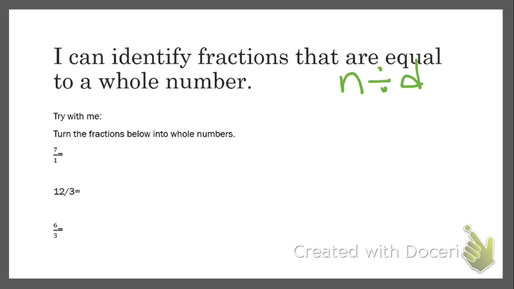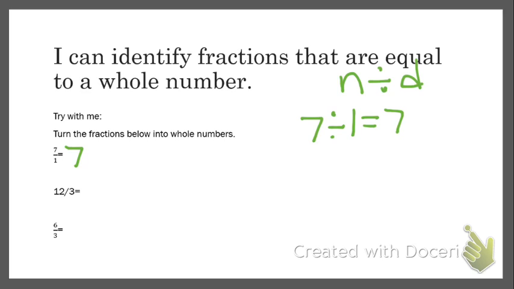So my numerator is 7, and I'm going to divide it by 1. Go ahead and write that down if you haven't already. And then think to yourself, what is 7 divided by 1? Okay, you should have said 7 divided by 1 is 7. So there's my answer. 7 over 1 is the same as 7.